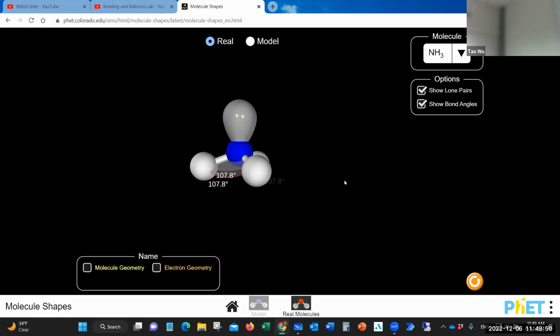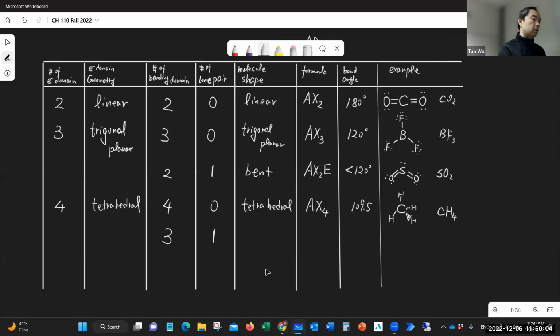It's called trigonal pyramidal. It's just like a pyramid, but the base only has 3 lines, not 4 lines. So that's why it's called trigonal pyramidal.